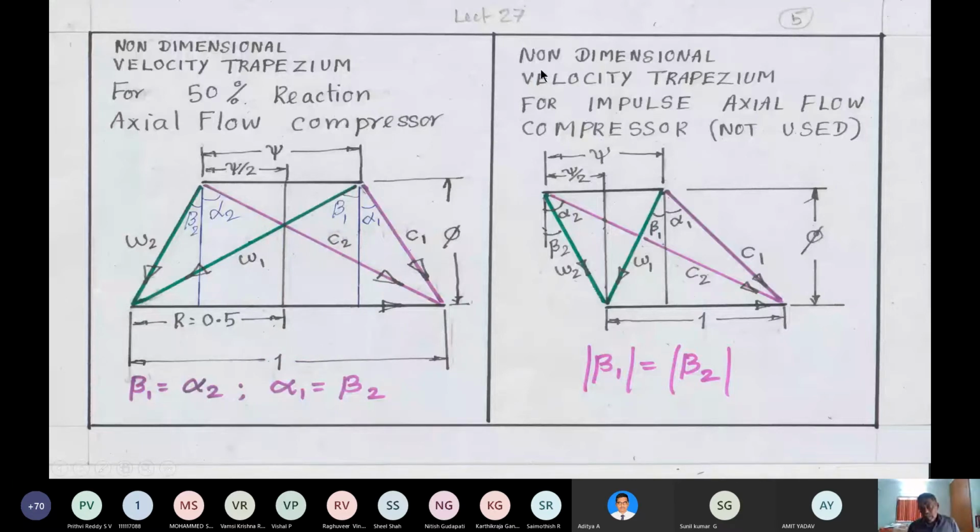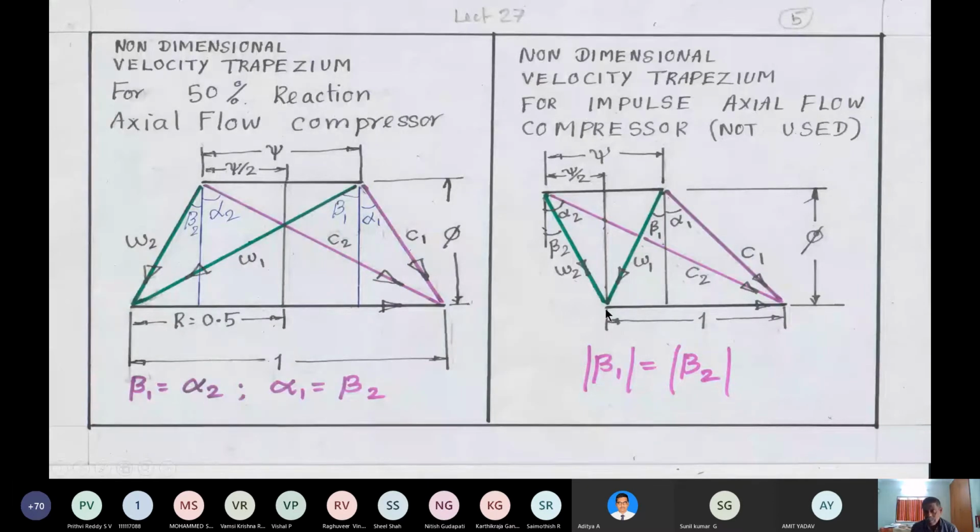Then another important configuration, the impulse turbines. Now that is very popular, but impulse compressors are not very popular, they are very rarely used. In such a case, the degree of reaction will be 0. So from the top side, which denotes the loading coefficient psi, if I drop a line from the midpoint, it should exactly go through the point where R is 0.